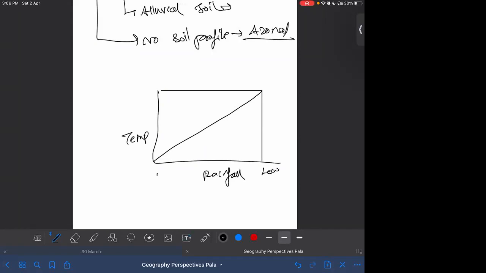Low, high, low. In regions of high temperature and high precipitation, you have high chemical weathering. Then you have the other regions, just like that. You can draw this sometimes.